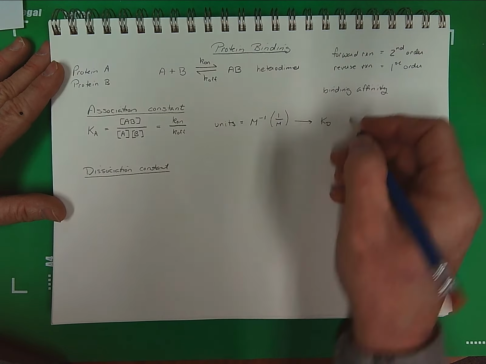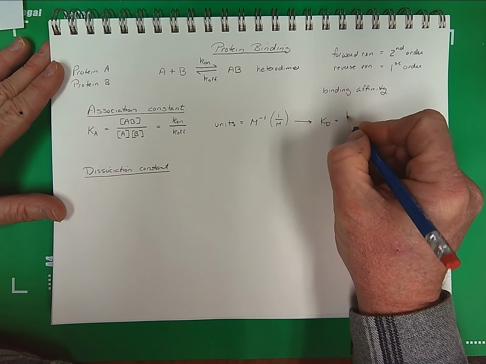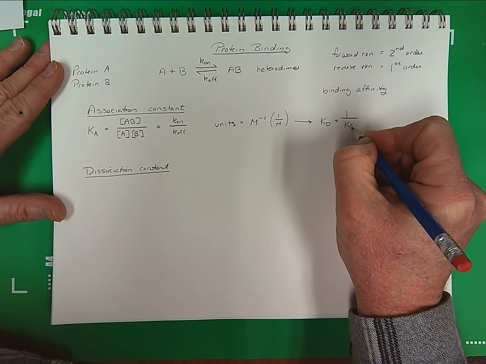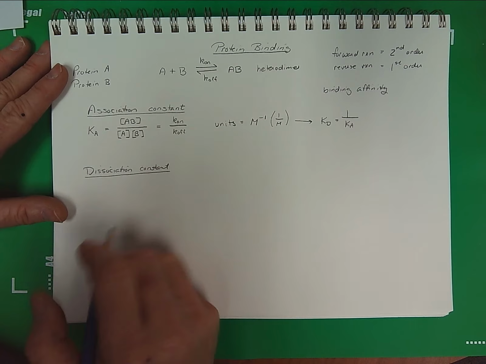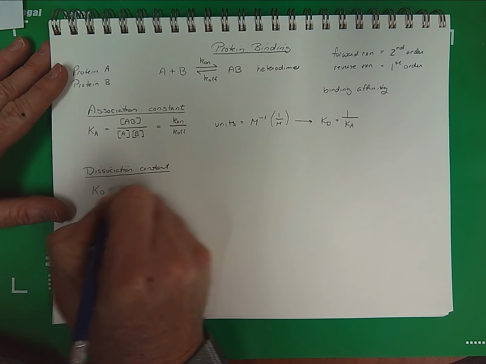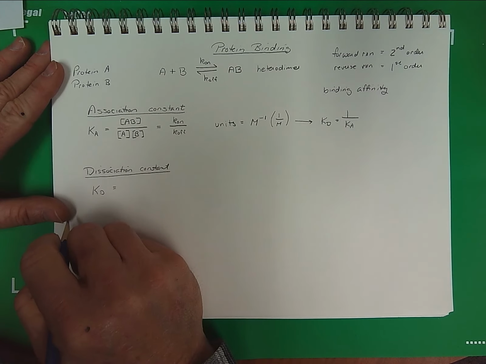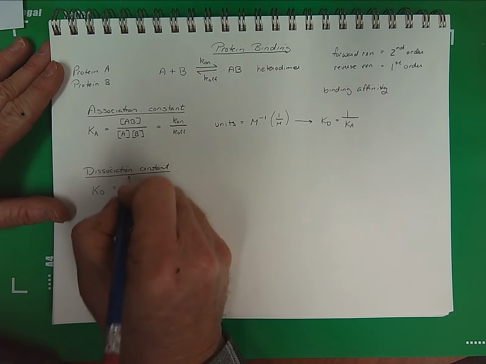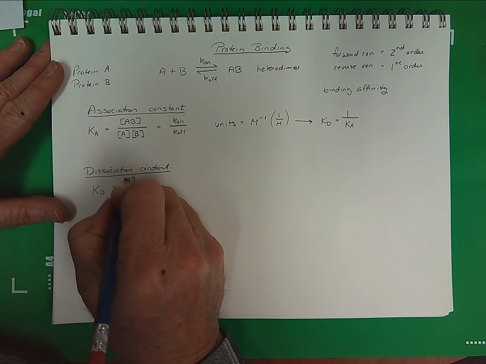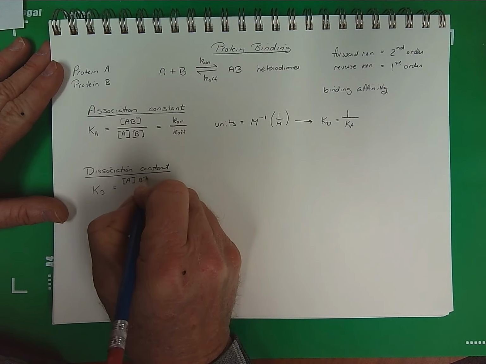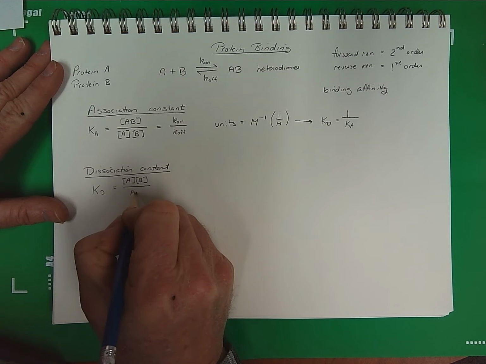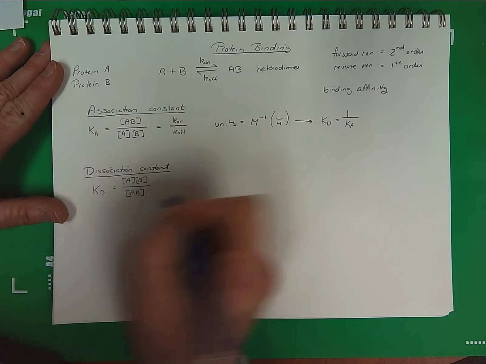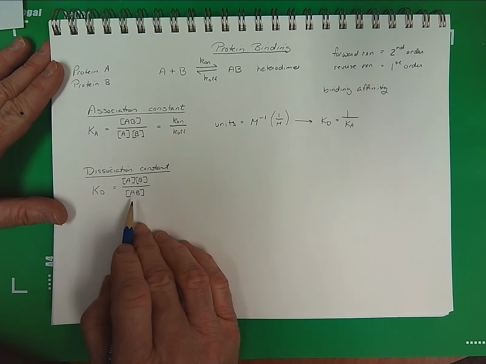So Kd is going to equal 1 over the association constant Ka. And we define Kd as the inverse of Ka. So this is going to be the concentration of A times the concentration of B, over the concentration of the single molecular entity that is the product.